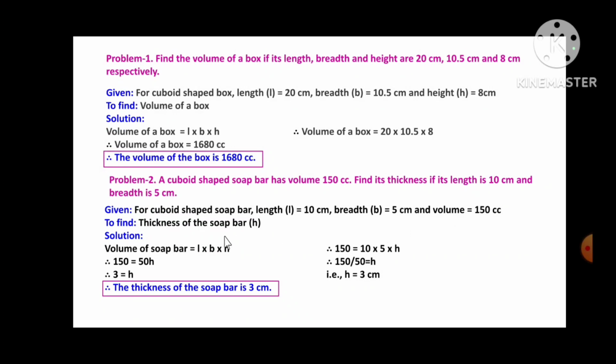We have to find the thickness of the soap bar, that is H. The formula: volume of the soap bar is equal to L into B into H. Now we put the values: 150 is equal to 10 into 5 into H. So 150 is equal to 50H. Bringing 50 to the left hand side, 150 upon 50 is equal to H. So 3 is equal to H, means H is equal to 3 centimeter. So the thickness of the soap bar is 3 centimeter.